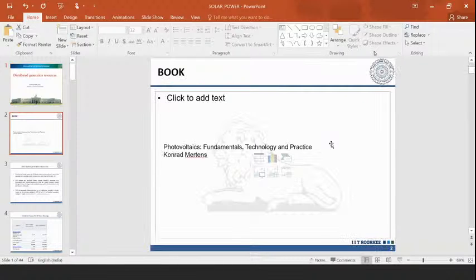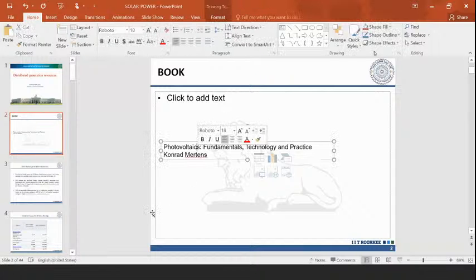This is a book all of you can note down: Photovoltaics, Fundamentals, Technology and Practice by Konrad Mertens. You can write this book name, and maybe you can download a PDF if it is available on Google.